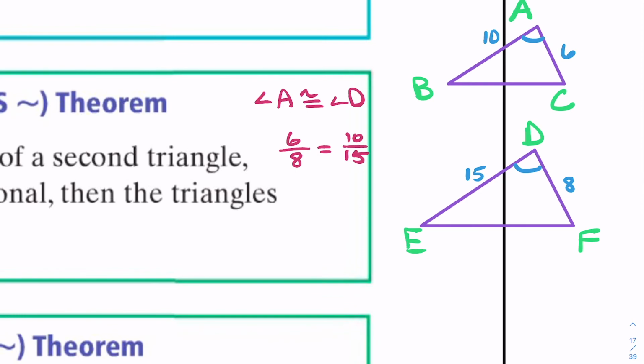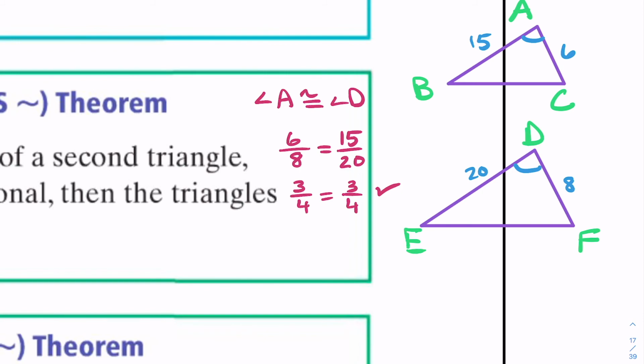Let's say 15 and 20. My bad. So I'm going to change this to be 15 and 20. So I can either simplify these fractions or find the cross products. If I simplify them, I'll get 3/4 and I'll get 3/4.